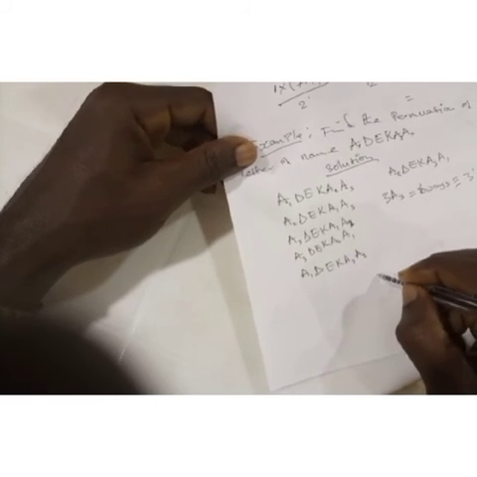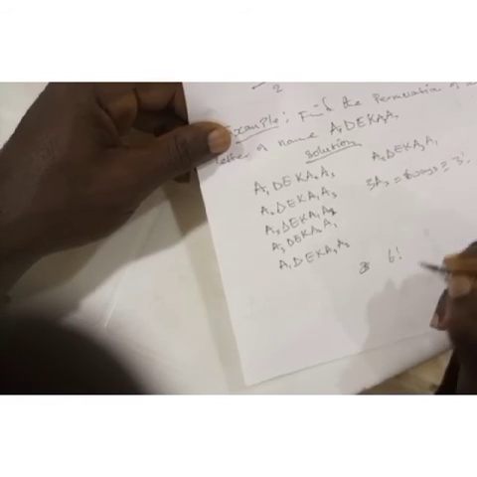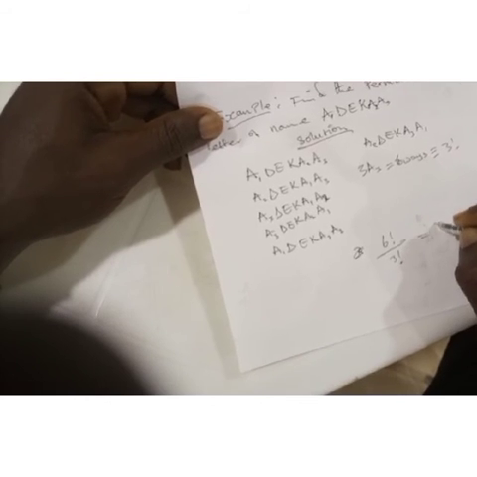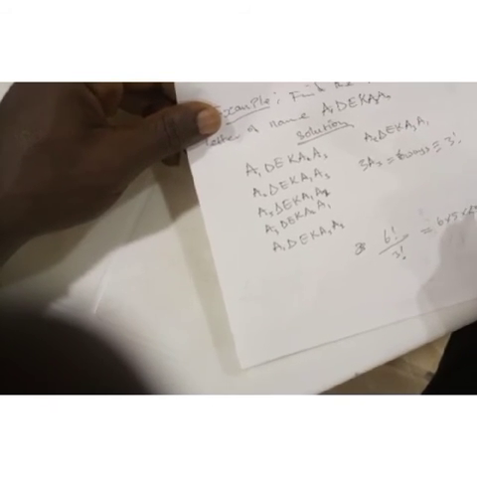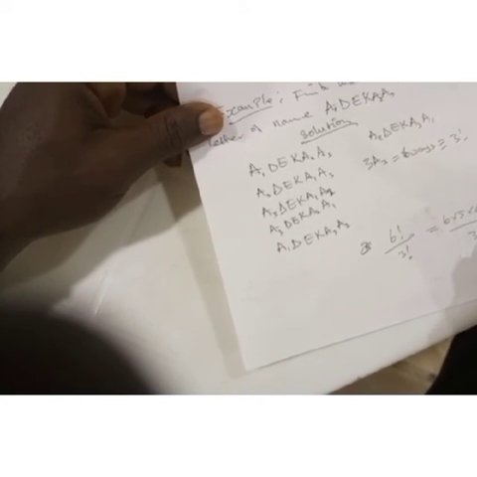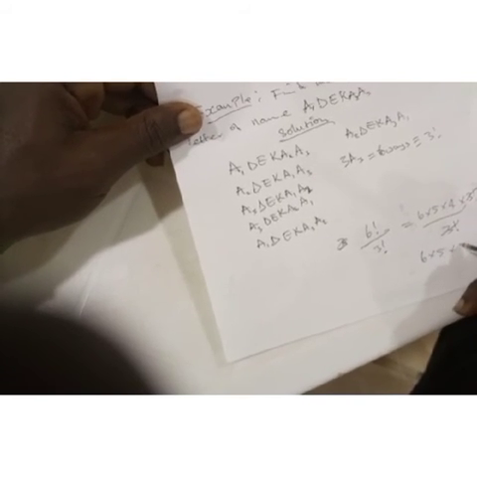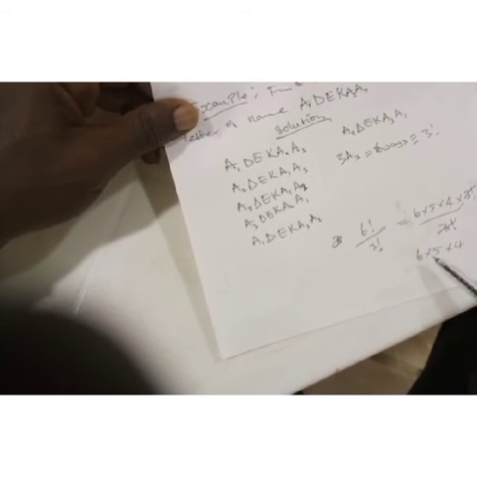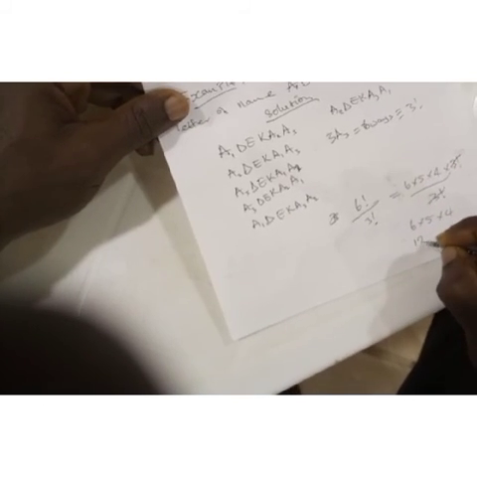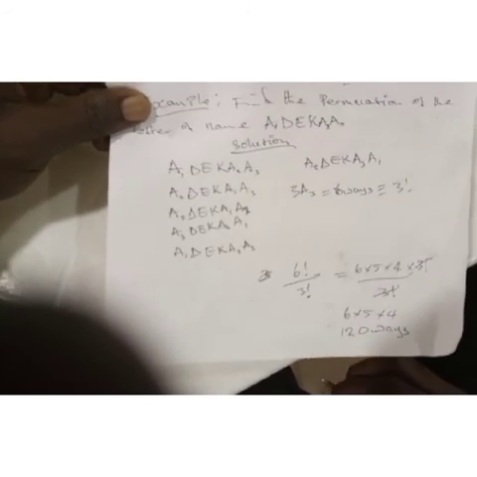So we have 6 factorial over 3 factorial, which is 6 times 5 times 4 times 3 factorial over 3 factorial. The 3 factorial cancels out, leaving 6 times 5 times 4. 6 times 5 is 30, and 30 times 4 is 120, which is 120 ways.